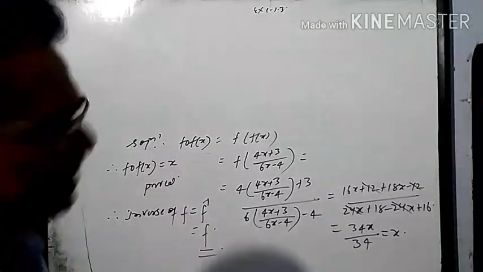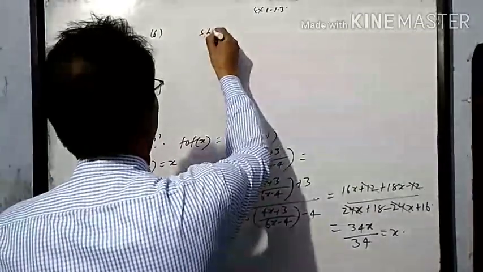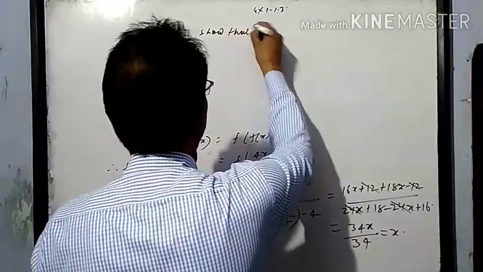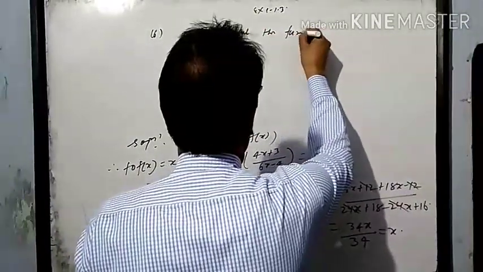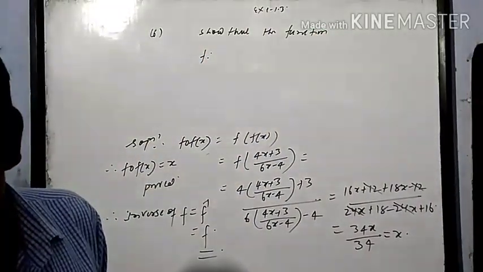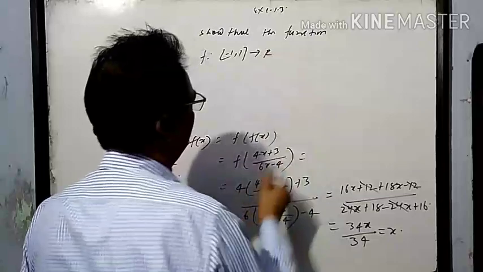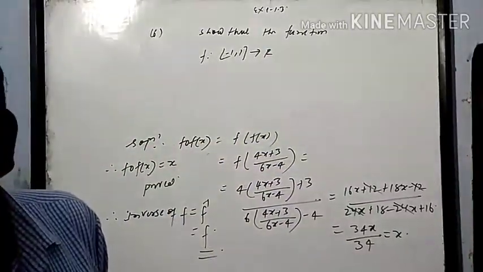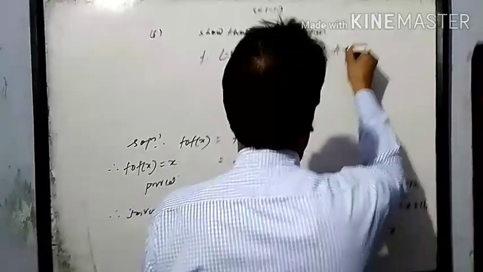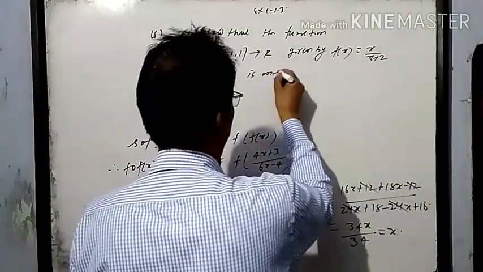Question number 6. Show that the function f defined from the closed interval [-1, 1] to R given by f(x) = x/(x+2) is one-one.